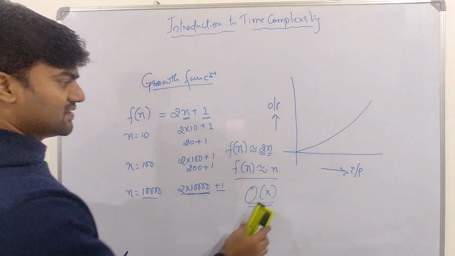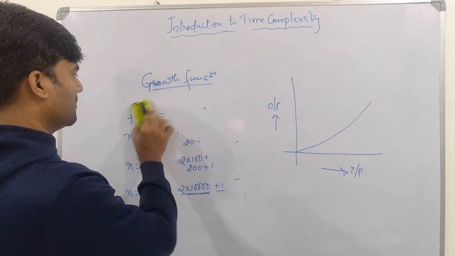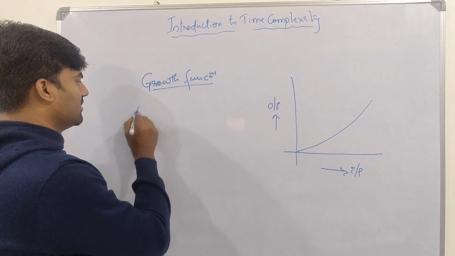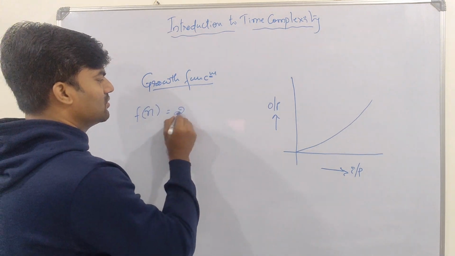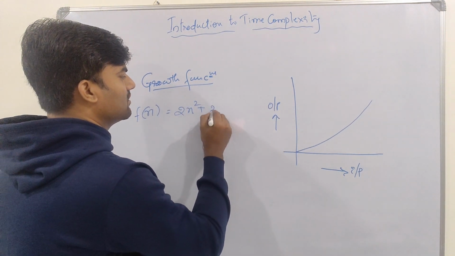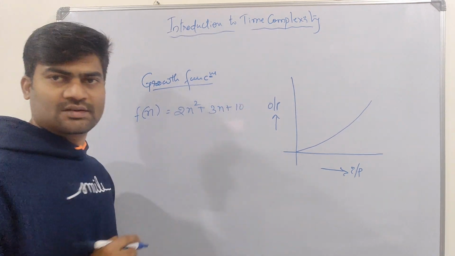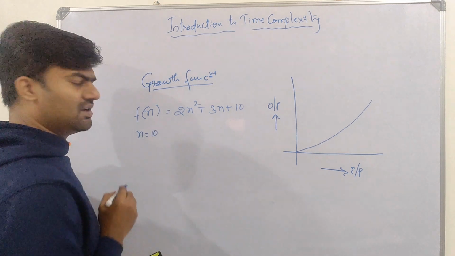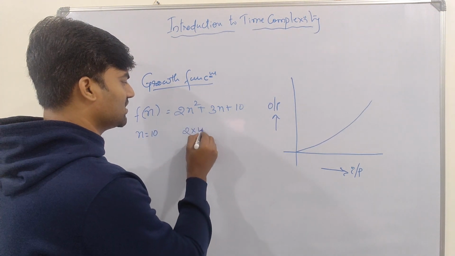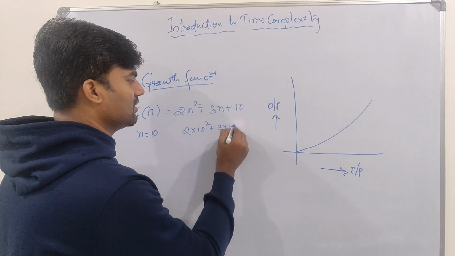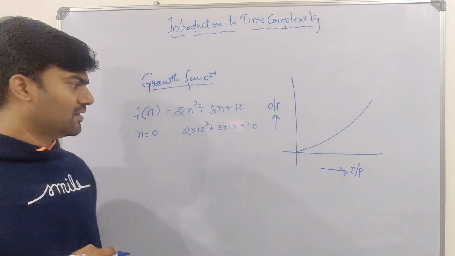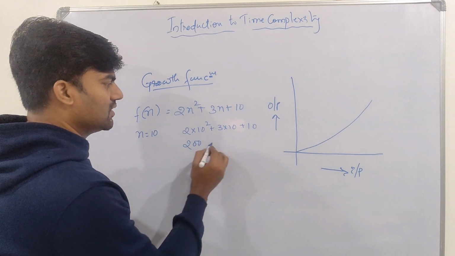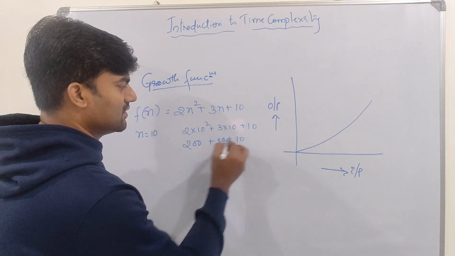Let us consider one more example. Let us say f of n is equal to 2n square plus 3n plus 10. Let us take smaller values of n first, so n equal to maybe 10. This will be 2 into 10 square plus 3 into 10 plus 10, which is 200 plus 30 plus 10.